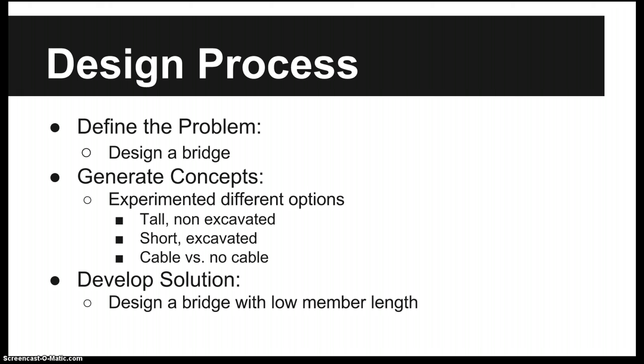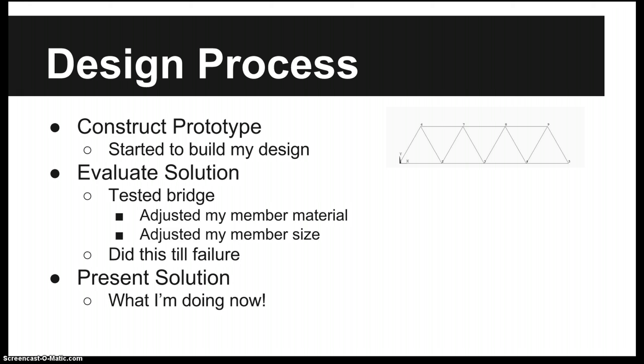And I developed my solution next. I chose to design my bridge with as few members as I could. So a bridge where you would have more members, but you wouldn't need to use as many as you could, if that makes any sense.